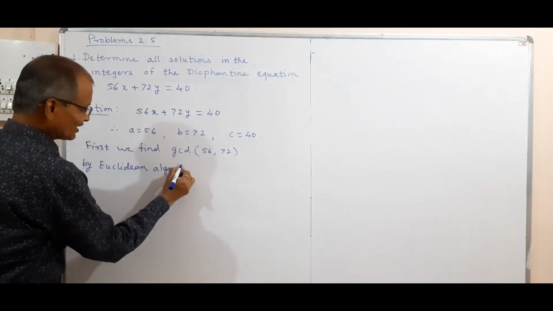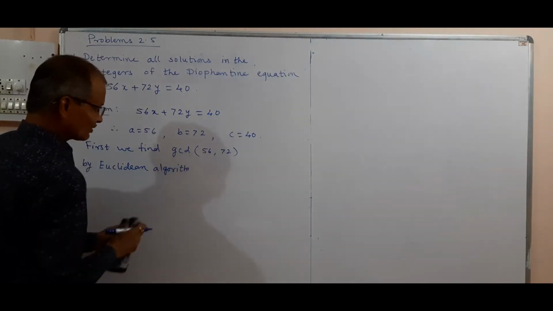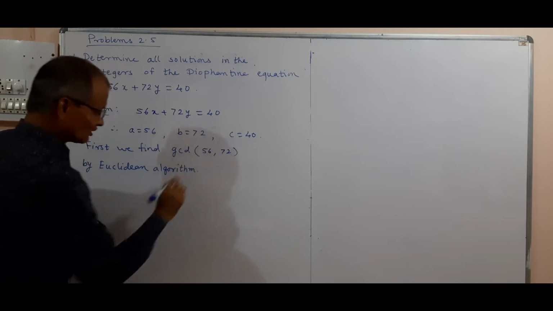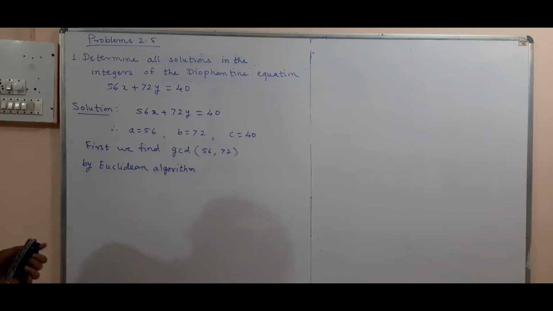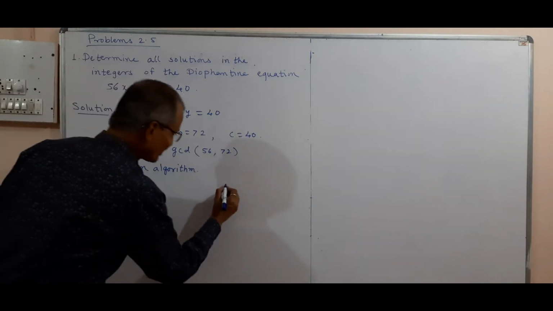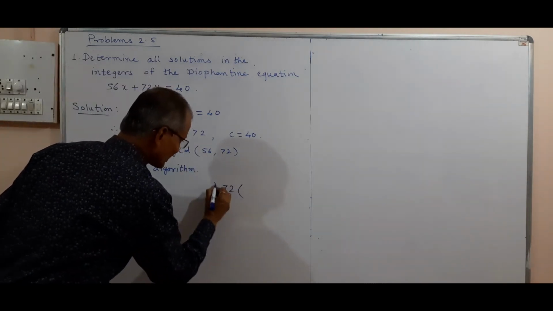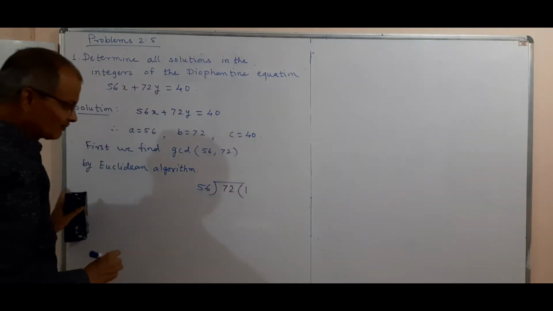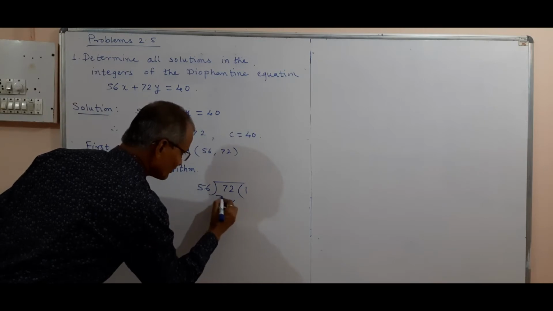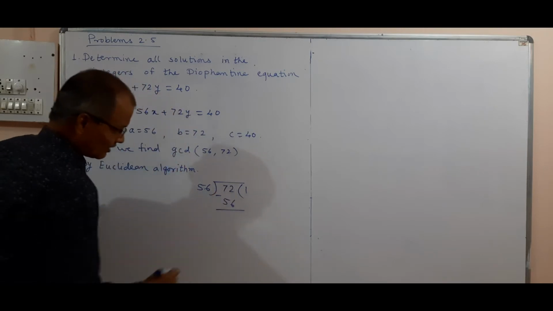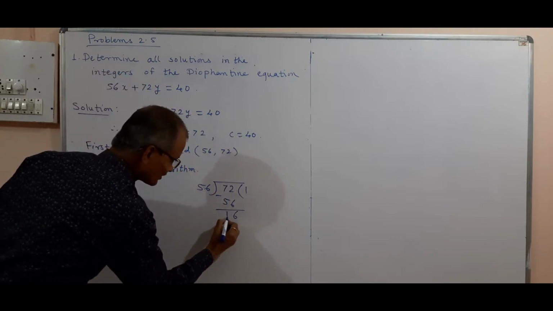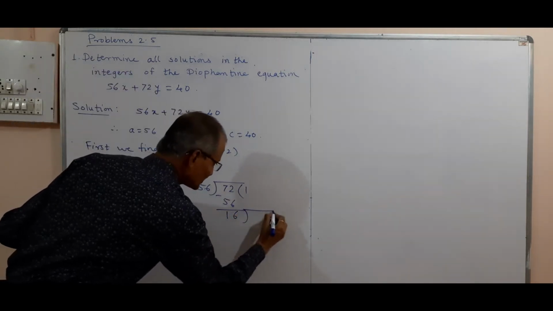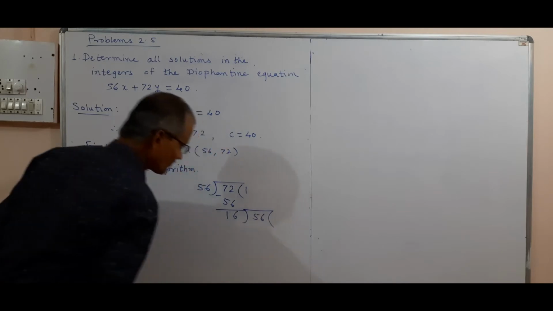You may see this is simple to find the GCD, but we shall use the Euclidean algorithm. The greater number is 72, that is divided by 56, and the quotient is 1, so 72 minus 56. You may check, the remainder is 16, and now 56 is divided by 16.